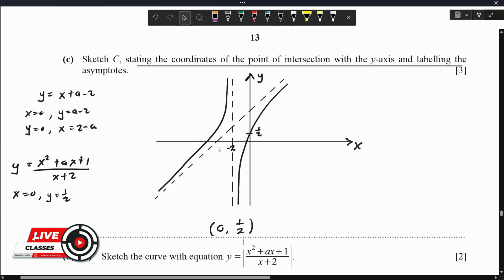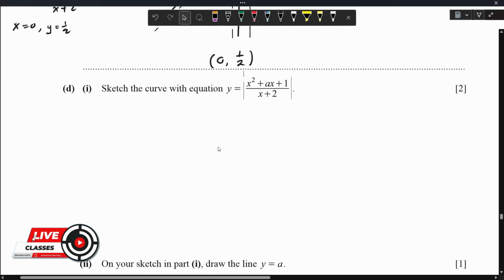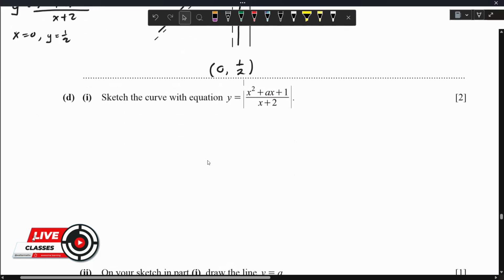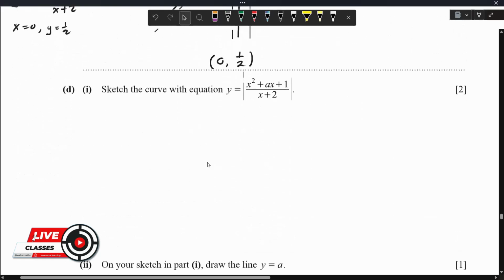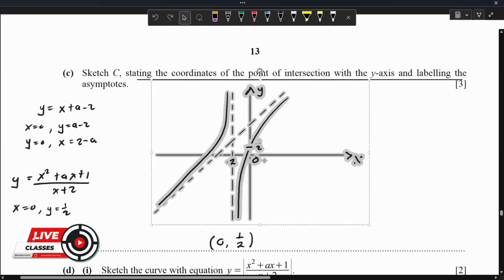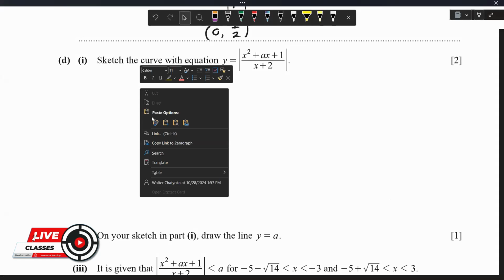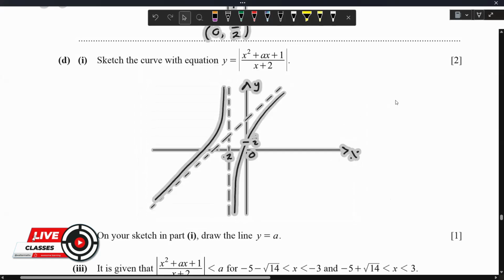Yeah. Okay, that's good. Now on part D, that's D part 1, they say sketch the curve, which is essentially the modulus of the curve above. This is the graph we had right above, and I'm going to reflect the part of the graph that is below the x-axis in the x-axis.